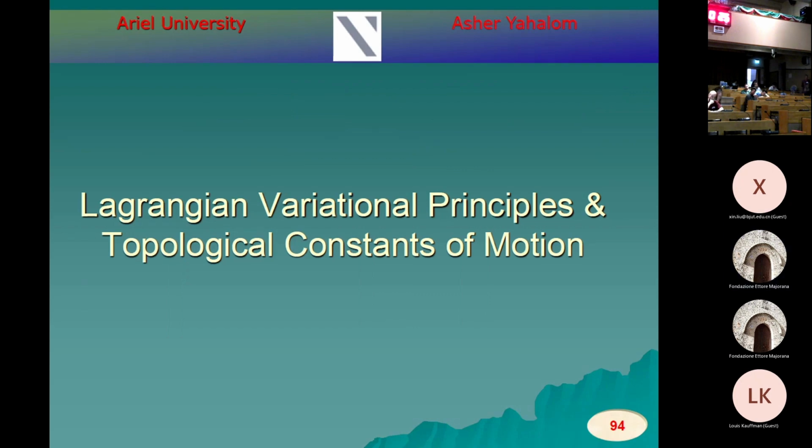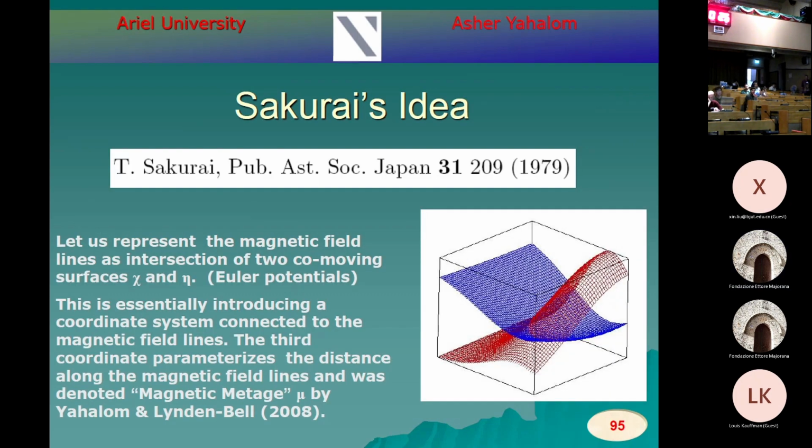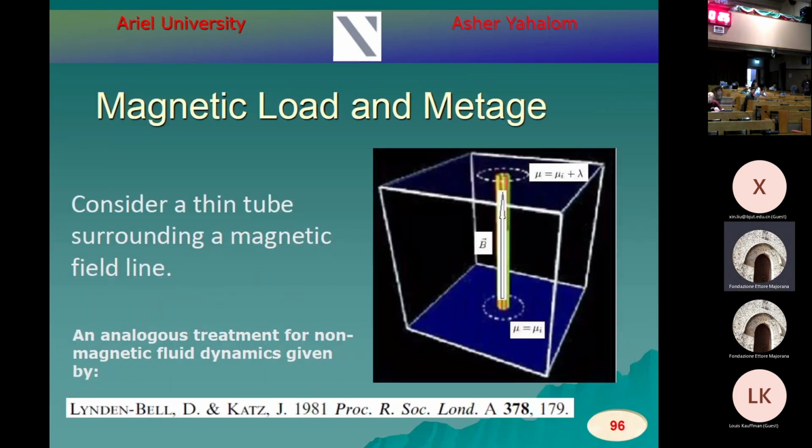Okay. Now let me say a few things about Lagrangian variational principles and topological constants of motion. This we already have. We look at the magnetic flux line, and we define two concepts, which are called load and metage.